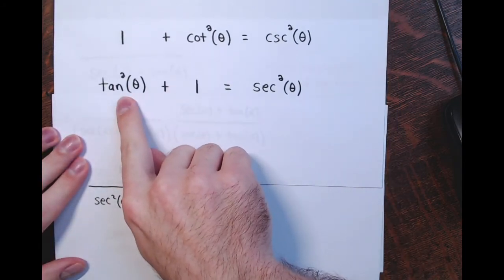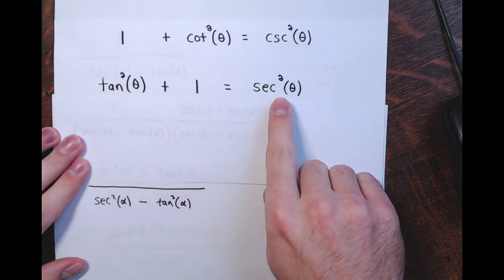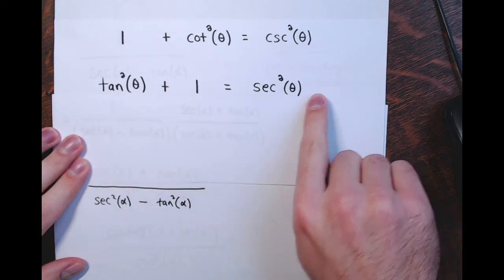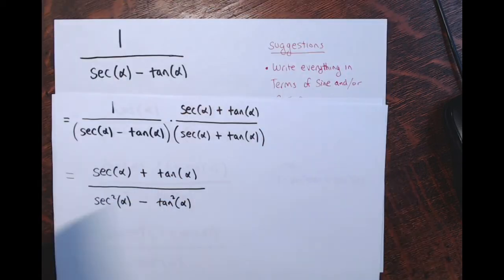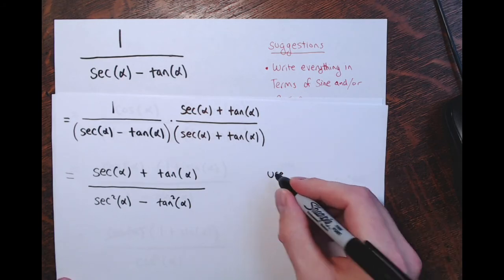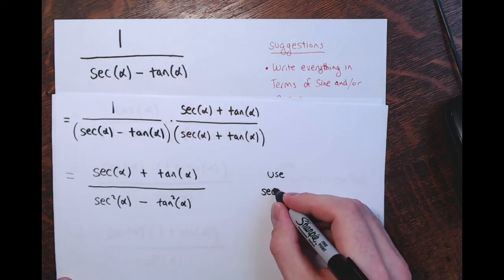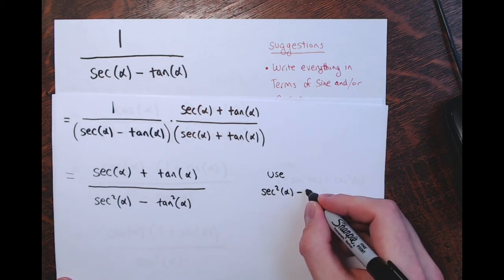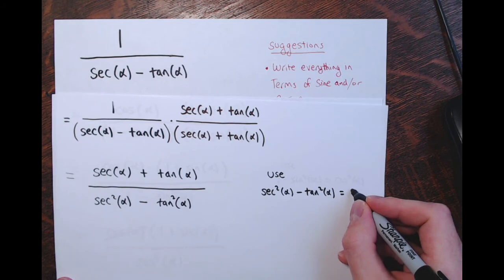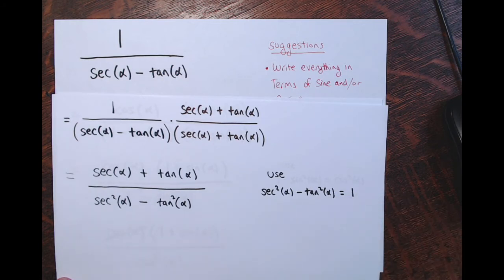Remember this one, tangent squared plus 1 is equal to secant squared. So if I subtract tangent squared, we're getting this. So based on the Pythagorean identities, we can use this fact and make a replacement here: secant squared alpha minus tangent squared alpha will be equal to 1.